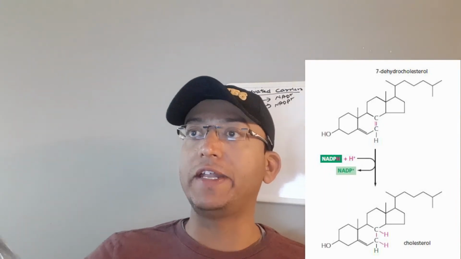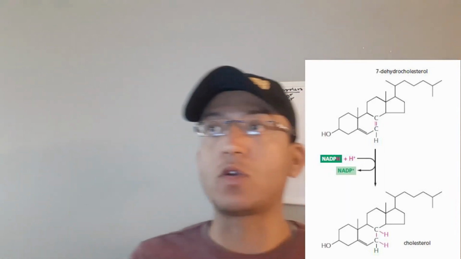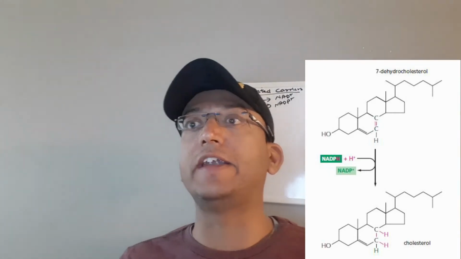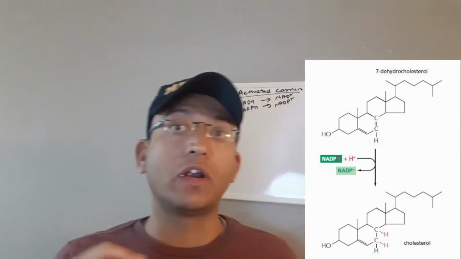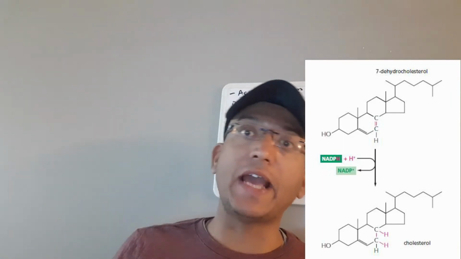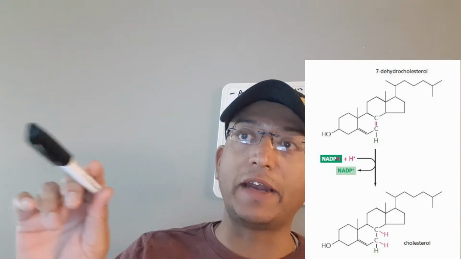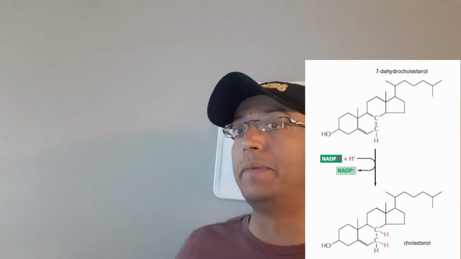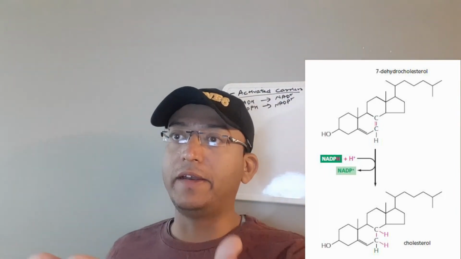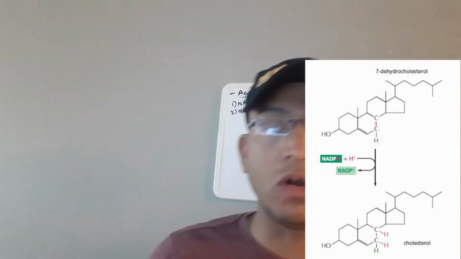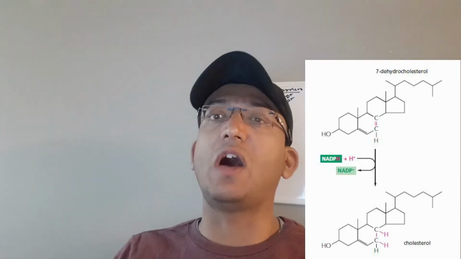When 7-dehydrocholesterol comes at the end stage and NADPH reacts with it, NADPH gives its hydride ion to 7-dehydrocholesterol to form cholesterol. As you can see in the picture, it gives H plus and becomes NADP plus, and that reaction finishes by forming cholesterol. This is how it is used.